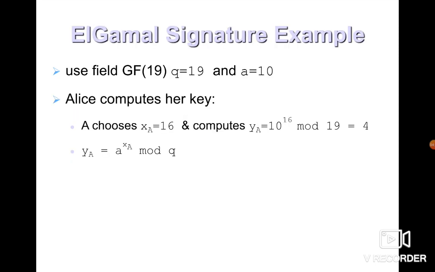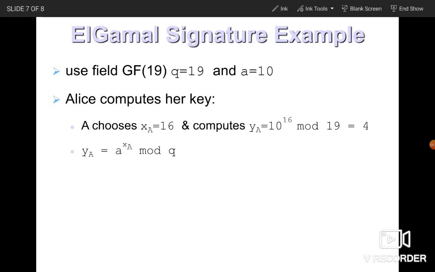We move on to one example, then you can clearly understand. ElGamal signature example. We have taken the prime number Q as 19 and the primitive root A as 10. Alice can choose her private key XA equal to 16. It should lie between 1 and 19.